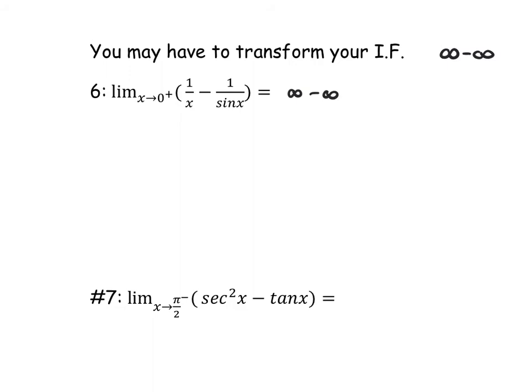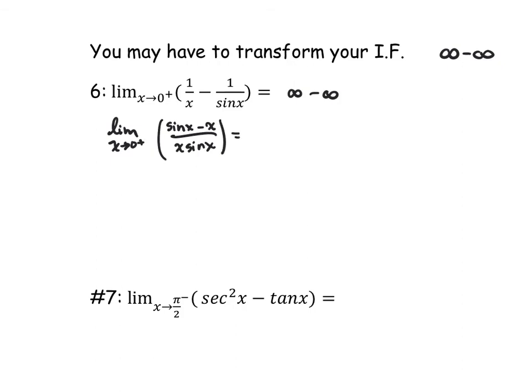Now we can't use L'Hopital's rule until we get this in a form of 0 over 0 or infinity over infinity. So the method you want to use in a situation like this is to get a common denominator. So you would get sine x minus x over x sine x. There's my common denominator. Now we work and we see what form we get.